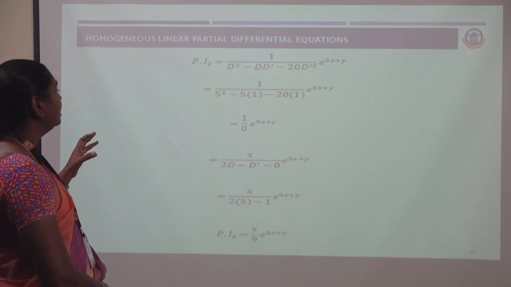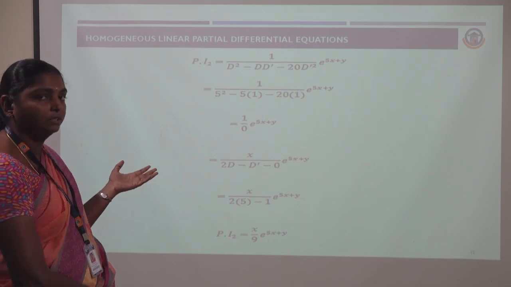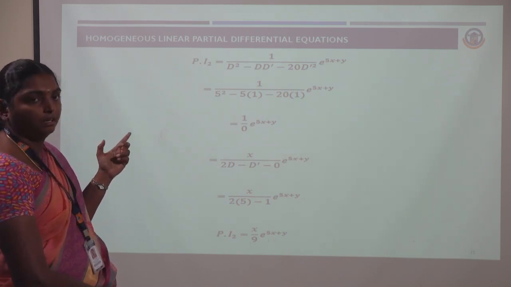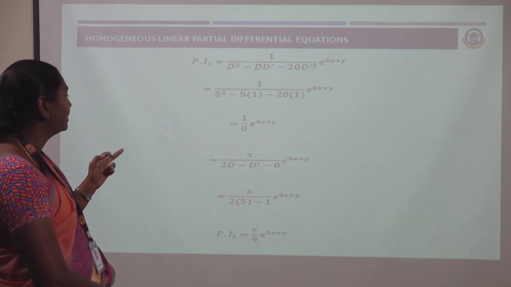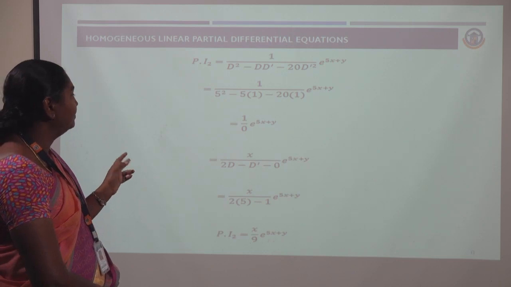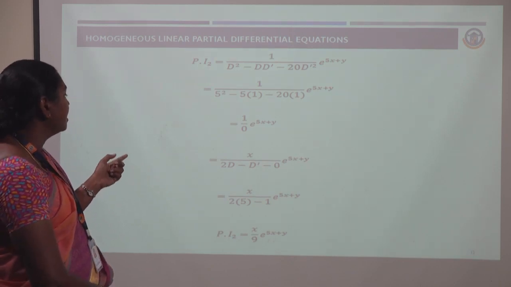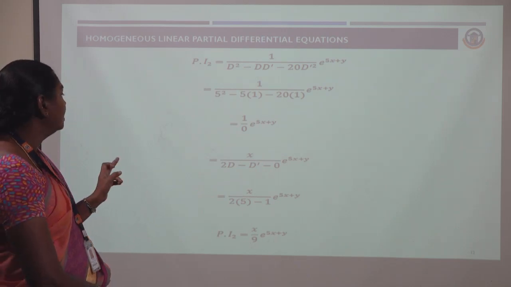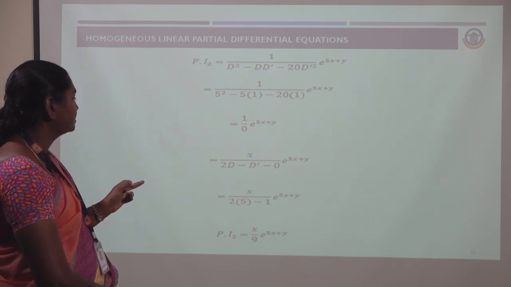Same as before, we get 0 in the denominator. So you must introduce the x value in the numerator and then differentiate the denominator. When you differentiate this, you get 2D minus D dash. Here we have D and D dash, so we apply 5 instead of D and 1 instead of D dash. We get x by 9 e power 5x plus y.